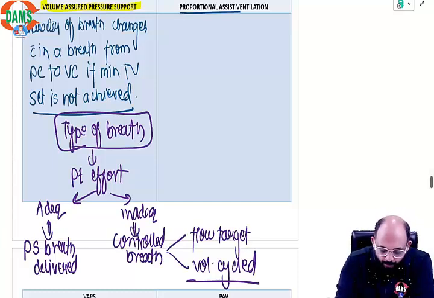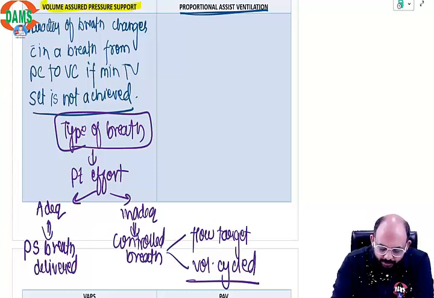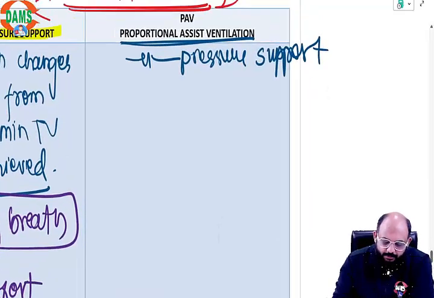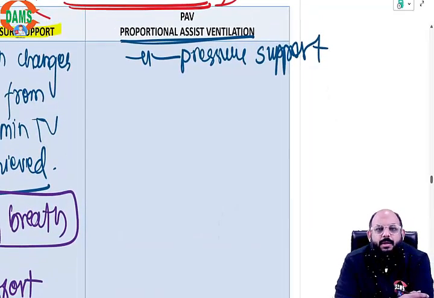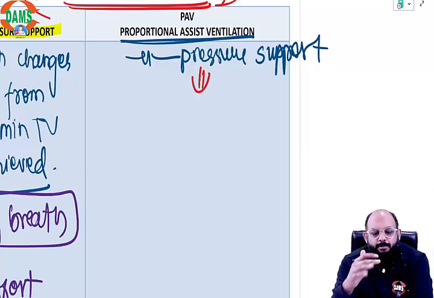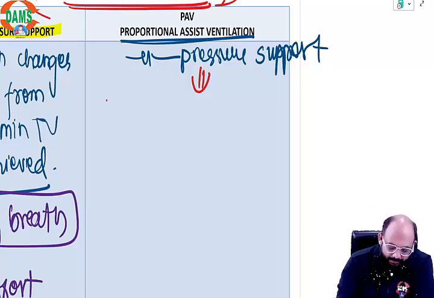PAV is proportional assist ventilation, also called proportional pressure support. Now here the ventilator generates pressure proportional to the patient's effort. Again, it's a closed loop ventilation mode.